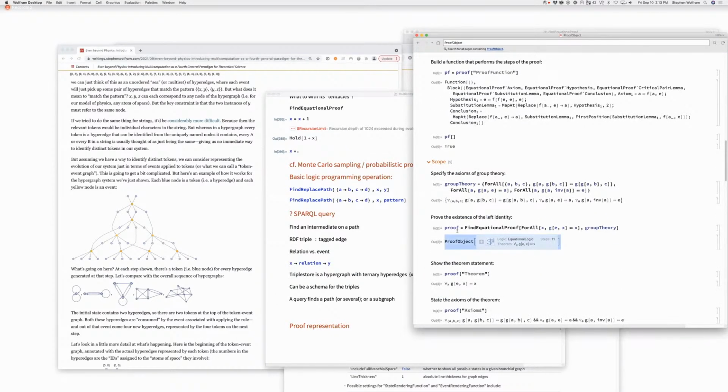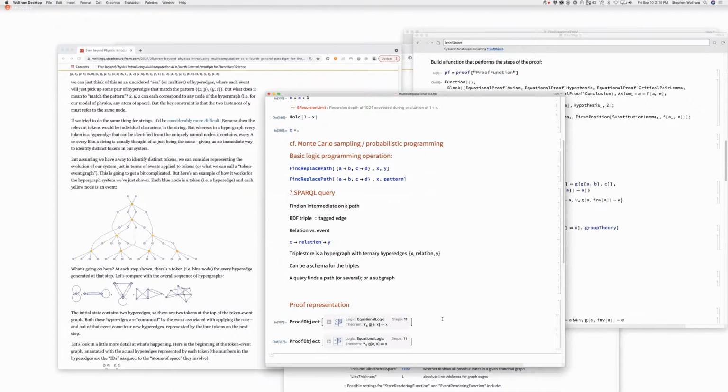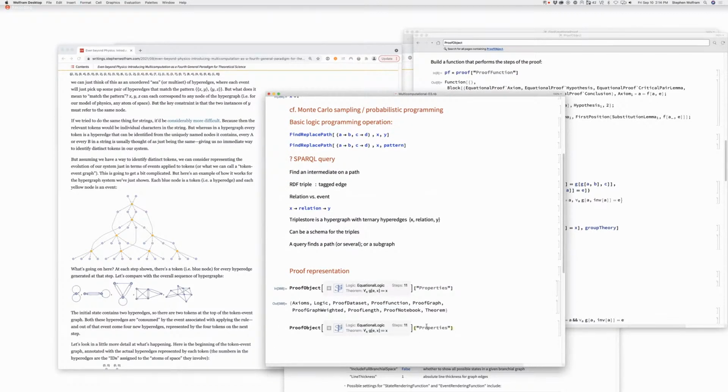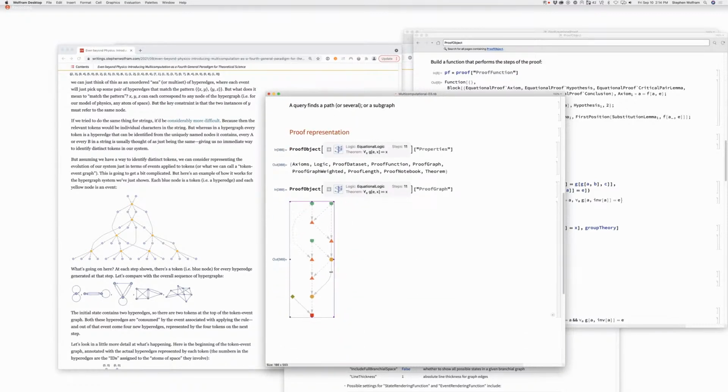Here, let's pick up a random proof object. So this proof object, right now, we have certain properties of this proof object. So we can say, let's say the proof graph, that's a summary of the proof object. I think, if I'm not mistaken, this is very similar.